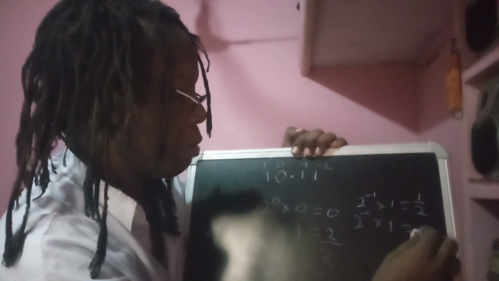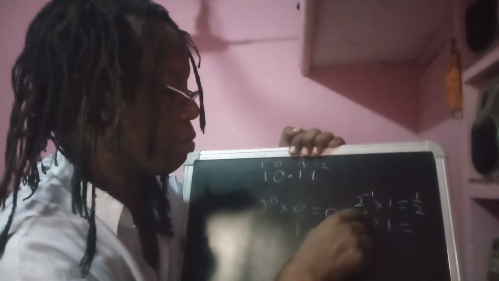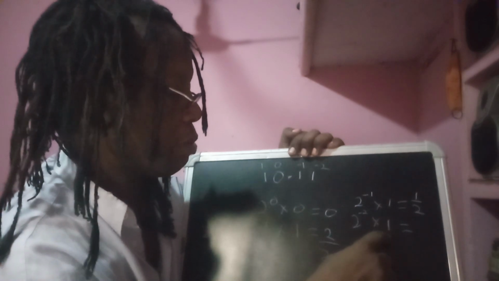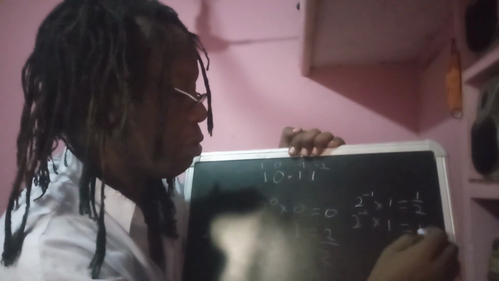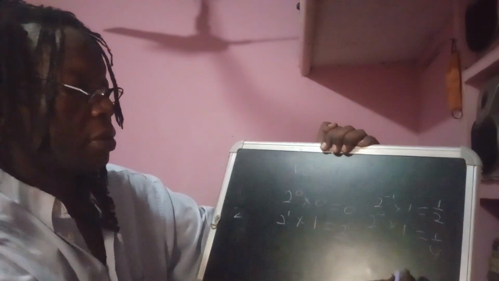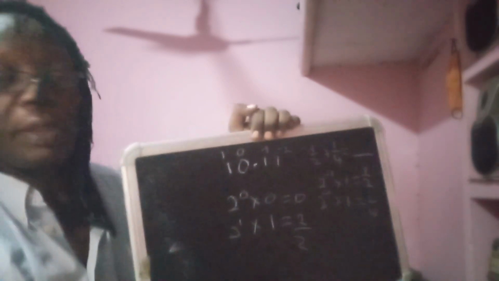This one is going to give you -4 times 1, so it's 1/4 as a fraction because there's a negative value. So now we have 1/2 plus 1/4, right?